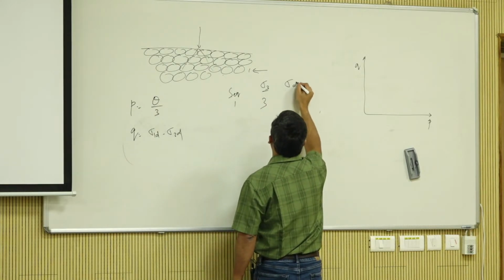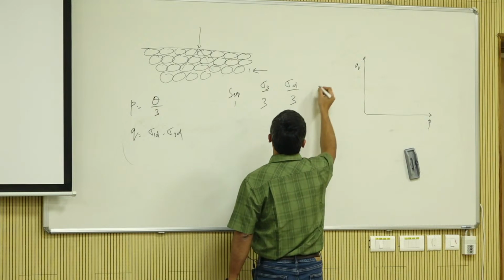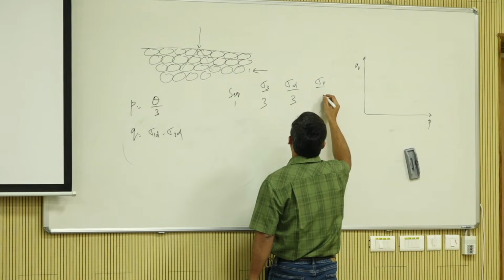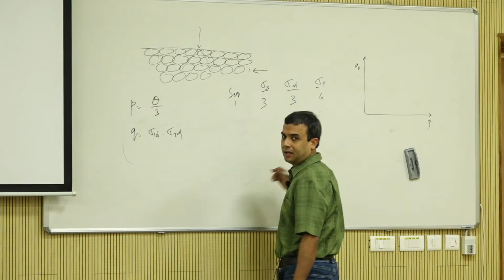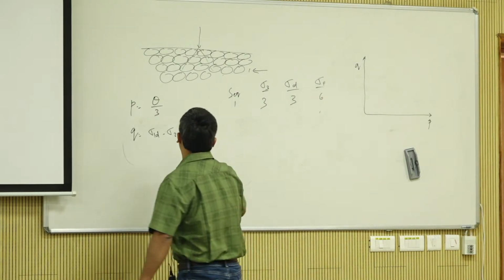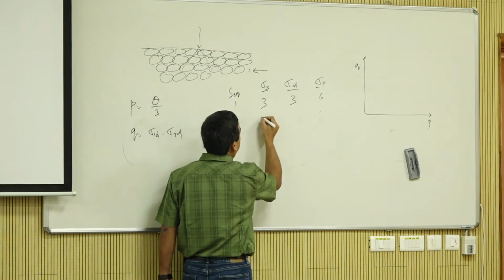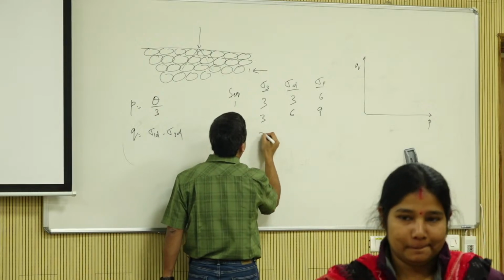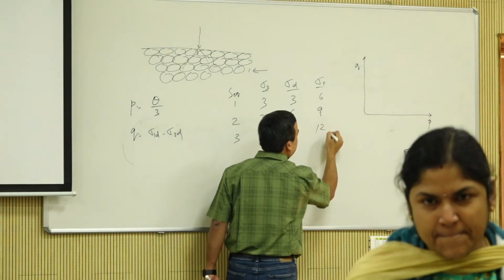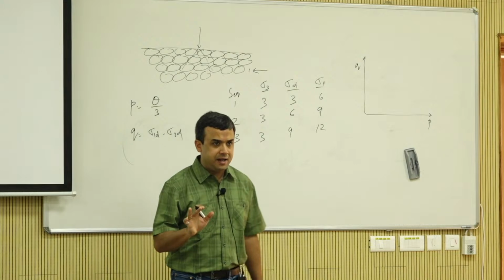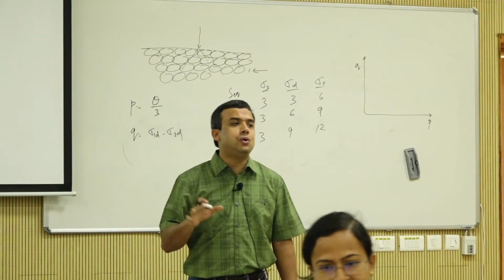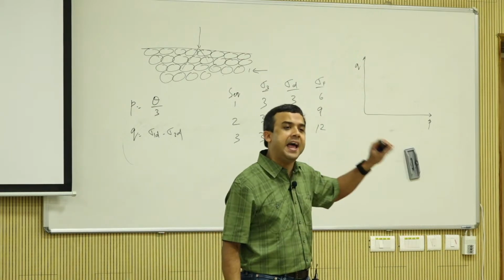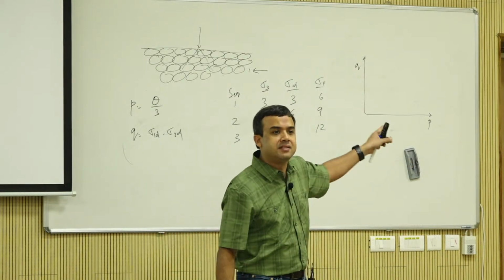Sigma d is 3 psi, so sigma 1 basically becomes 6, right? And then let's do number 2: sigma 3 is 3, sigma d is 6, so sigma 1 is 9. Then 3, 9, 12, right? What I want to do, the exercise here, is let us calculate the P and Q values for each of these stress states.